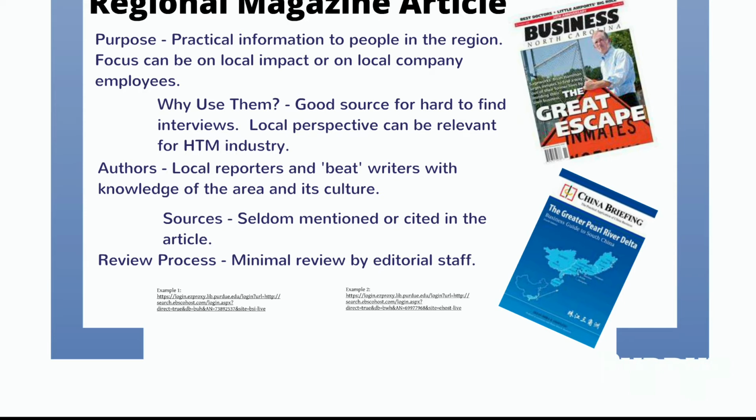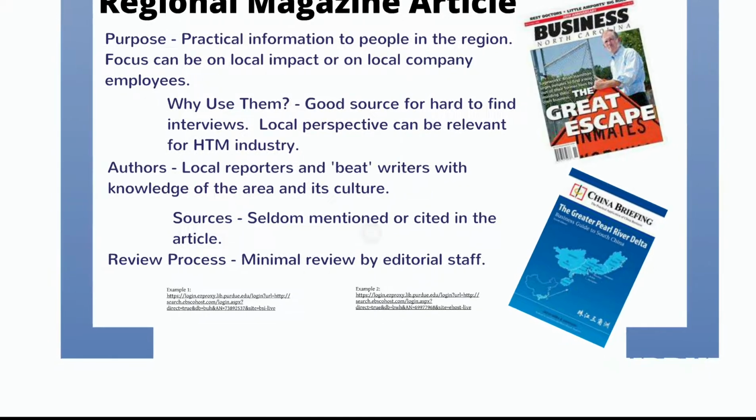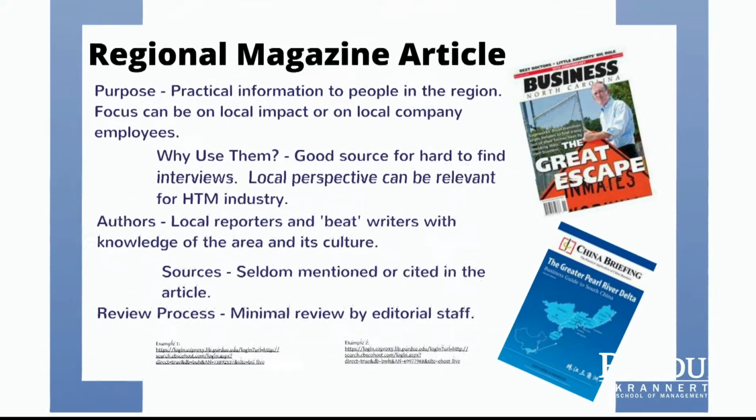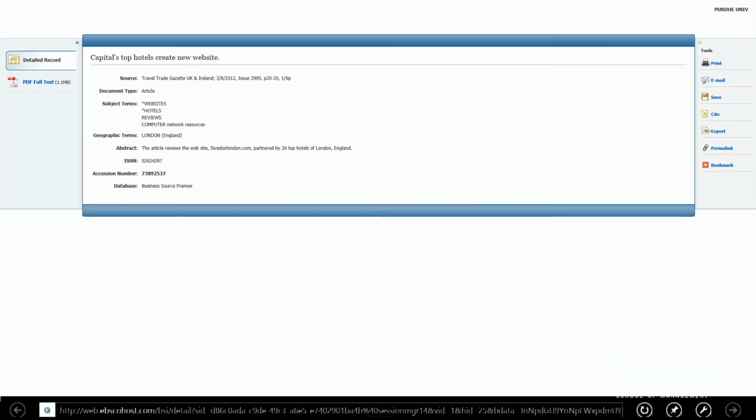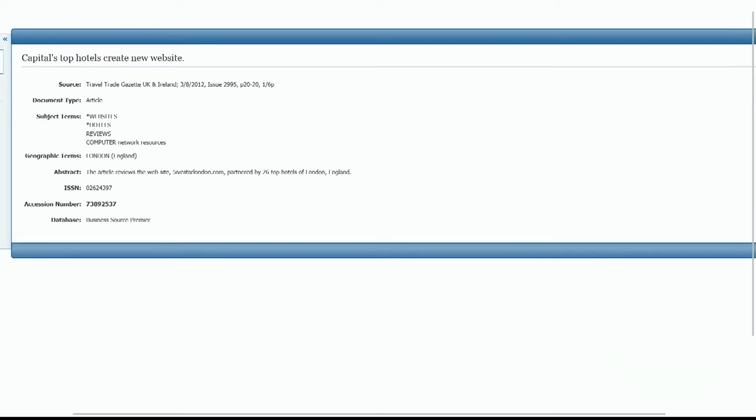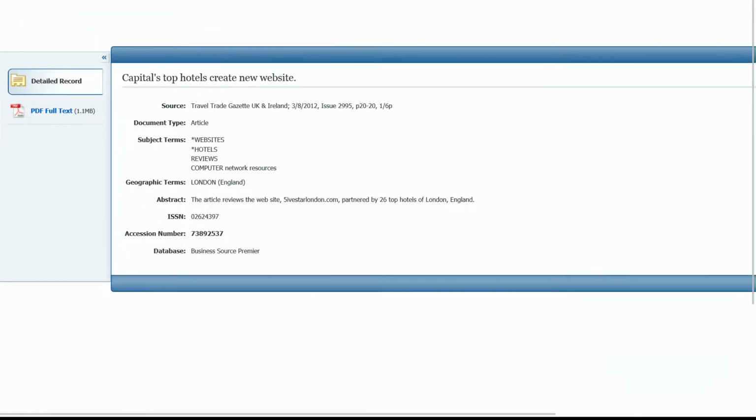They almost never do any major academic level research, so there will be almost no citations or articles here. It's just going to be reporting on something. And again, similar to the trade articles, there's just a minimal fact-checking process. So this article right here is from the Travel Trade Gazette, UK and Ireland.